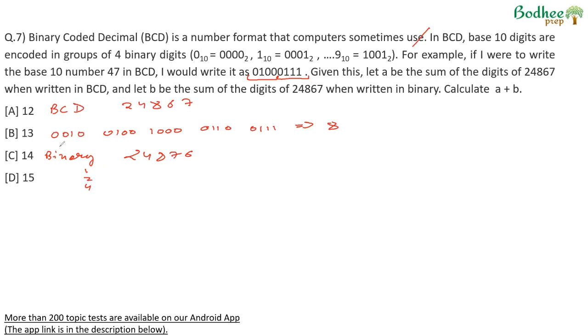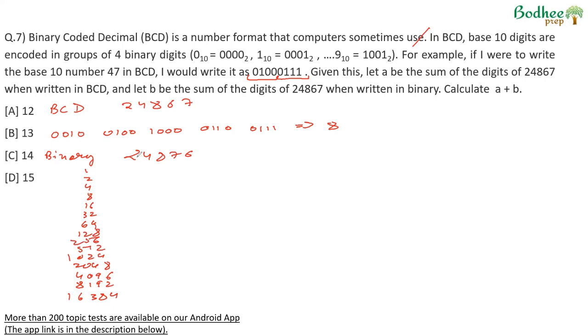The powers of 2 will be 1, 2, 4, 8, 16, 32, 64, 128, 256, 512, 1024, 2048, 4096, 8192, 16384. Beyond this, it will cross 32,000, so not needed.